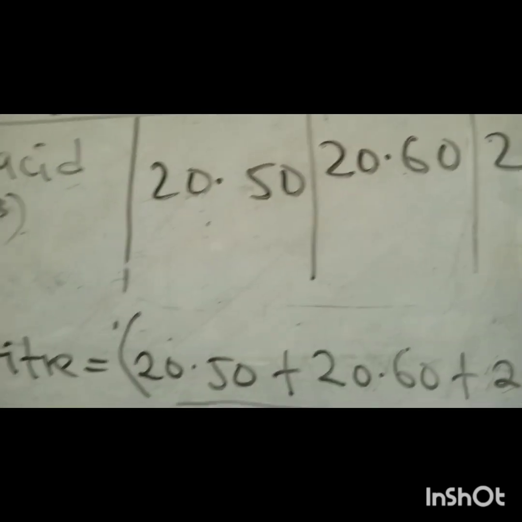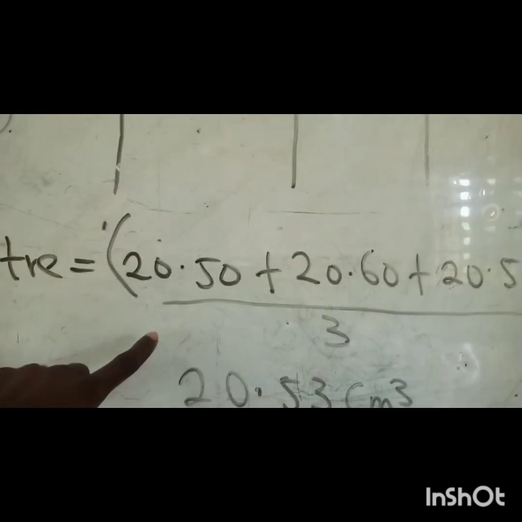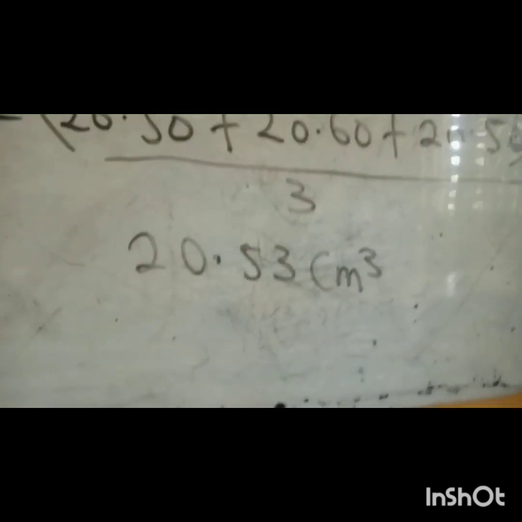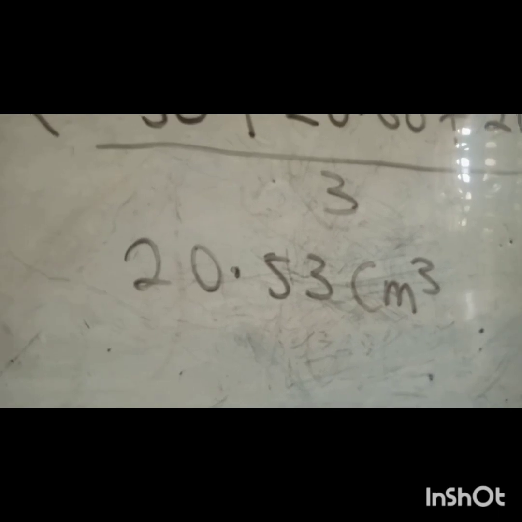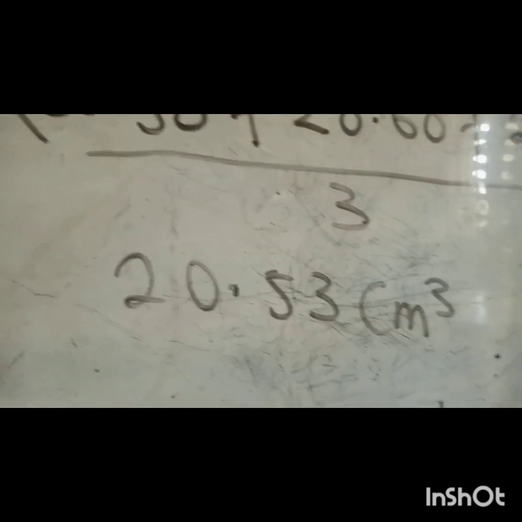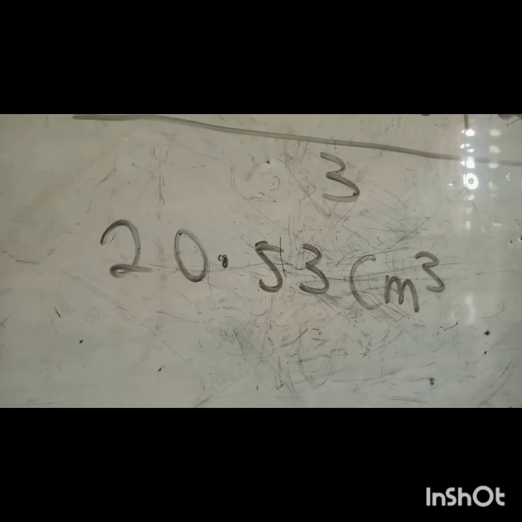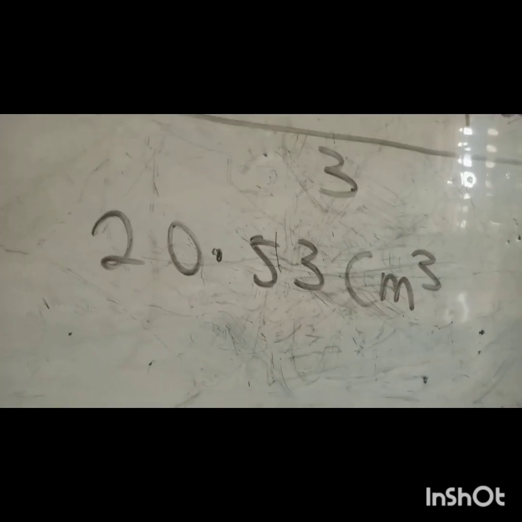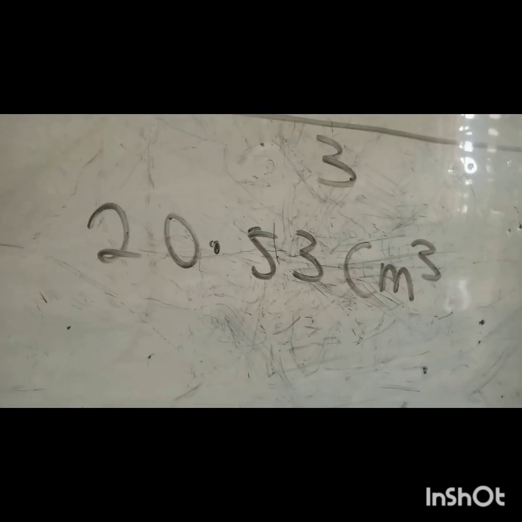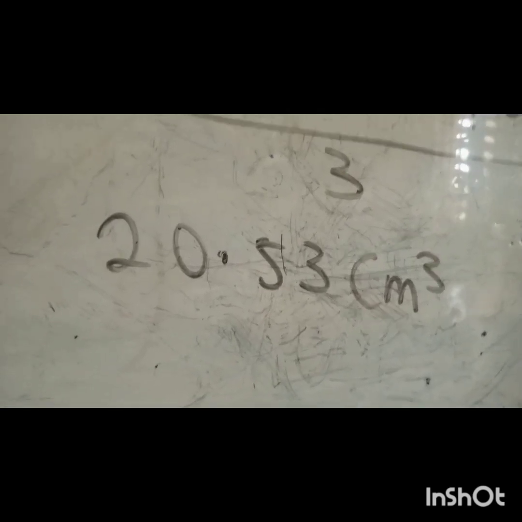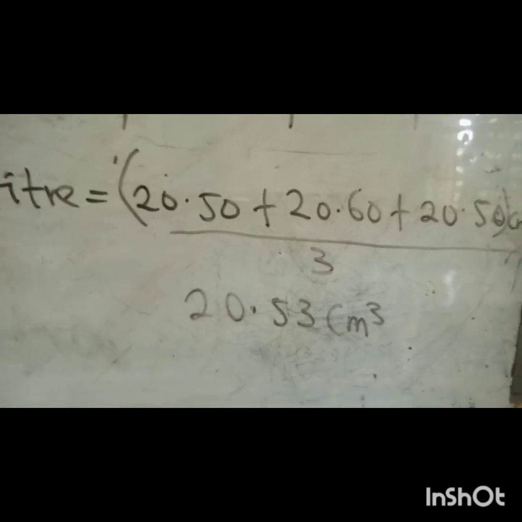So when you take the average titer volume, you have 20.53. So that is what you are going to use in your NECO practical exams. The endpoint is 20.53. That is your endpoint after being calculated using the calculation method.